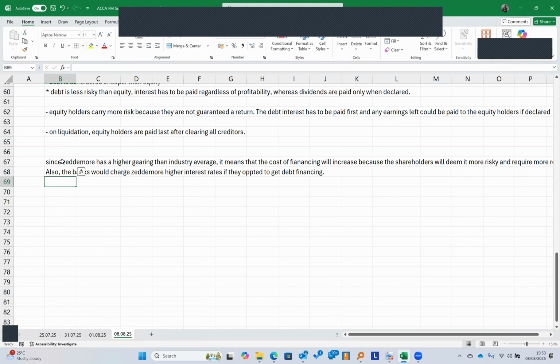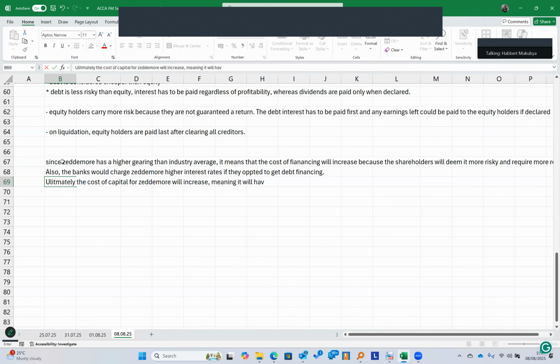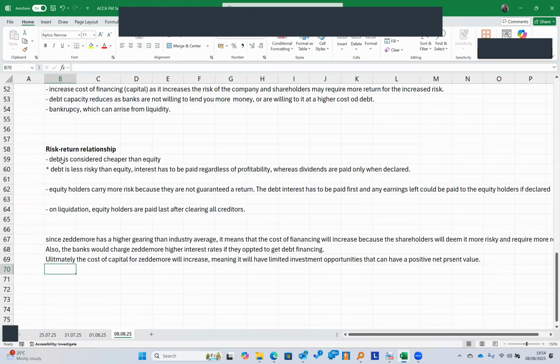Ultimately, the cost of capital for Zeddemore will increase, meaning it will have limited investment opportunities that can have a positive net present value. And get yourself your 6 marks.